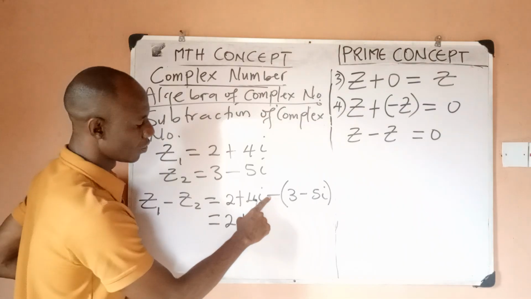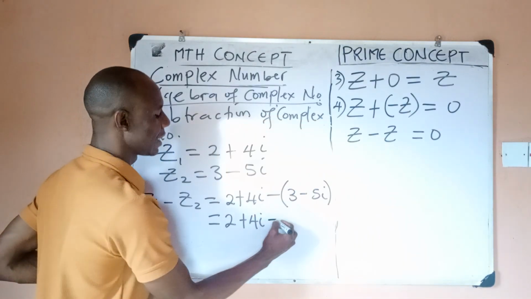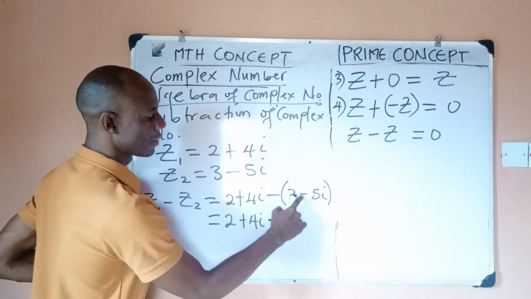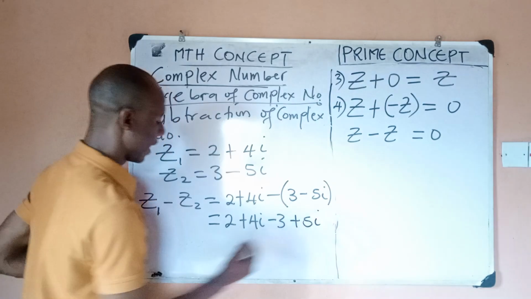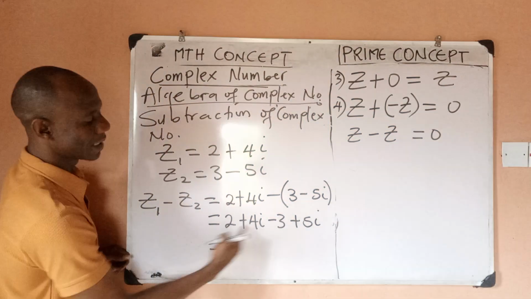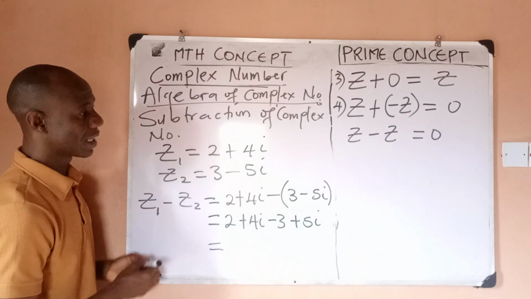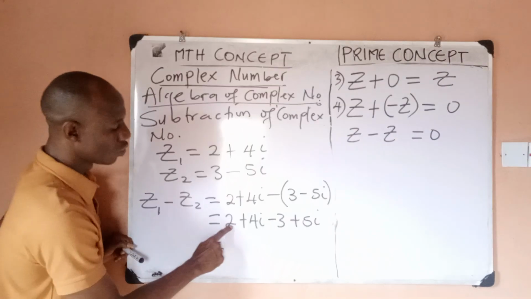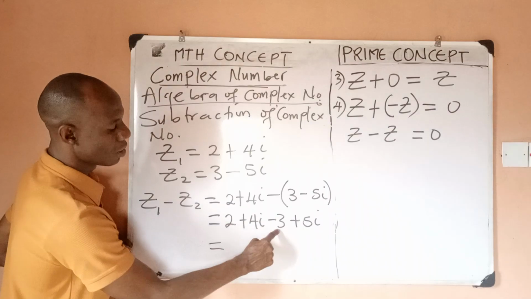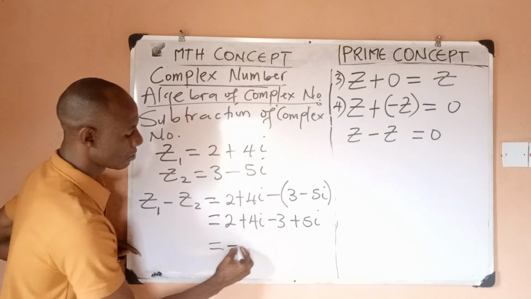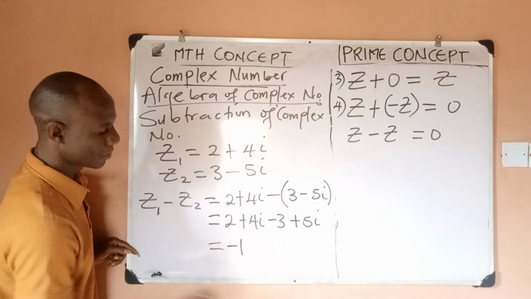Now let's quickly open. Negative times 3 is negative 3. Negative times negative is going to give me plus 5i. So that I can now do addition in this case, right? Addition that we have learned. So combining the real part, 2 and minus 3, 2 minus 3 would give us negative 1.